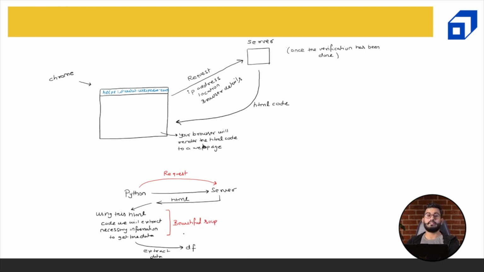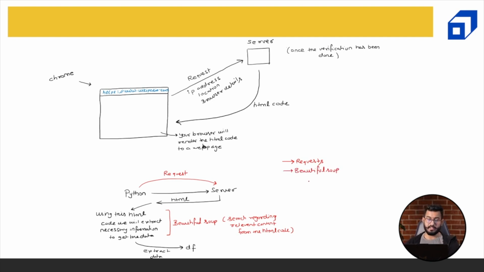Now here this library will help you to perform search of the relevant content from the HTML code. So here we are going to utilize two core libraries, requests and Beautiful Soup.